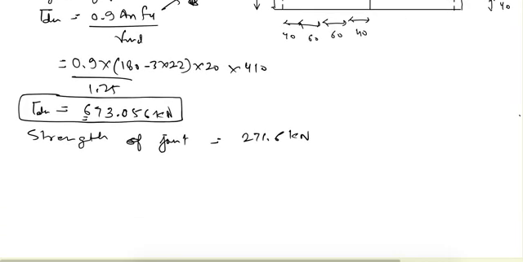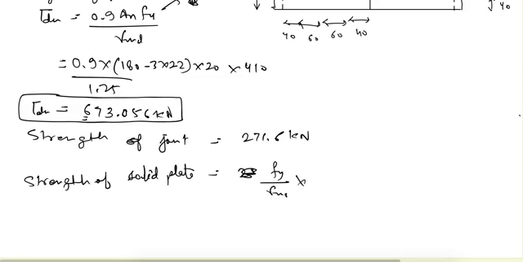Now to obtain the efficiency, first we need to find out the strength of solid plate. The strength of solid plate is governed by the yield strength, that is Fy upon gamma m0 into gross area.